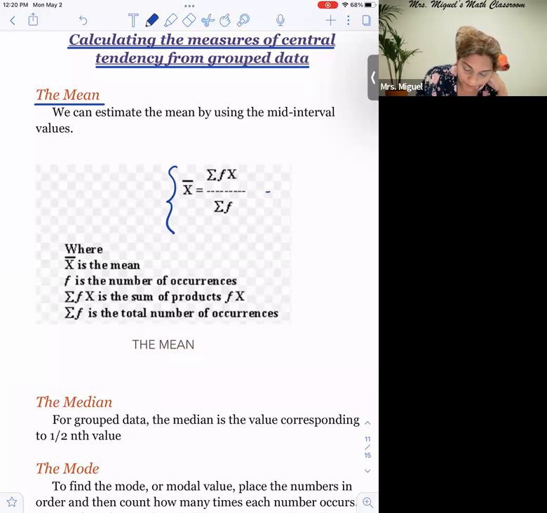Tell me what value you all got. It was 1110 over 40.